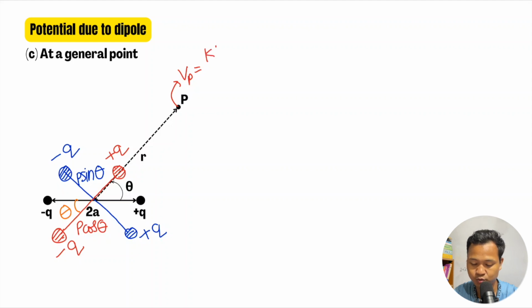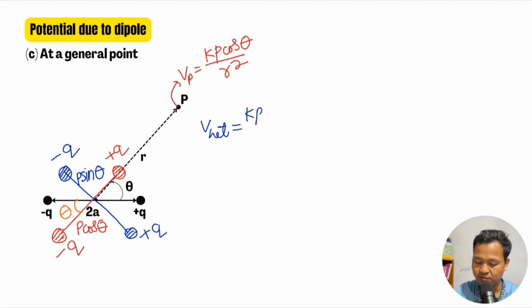So k into p cos theta divided by r square. So therefore V net at P will be equal to kp cos theta divided by r square.